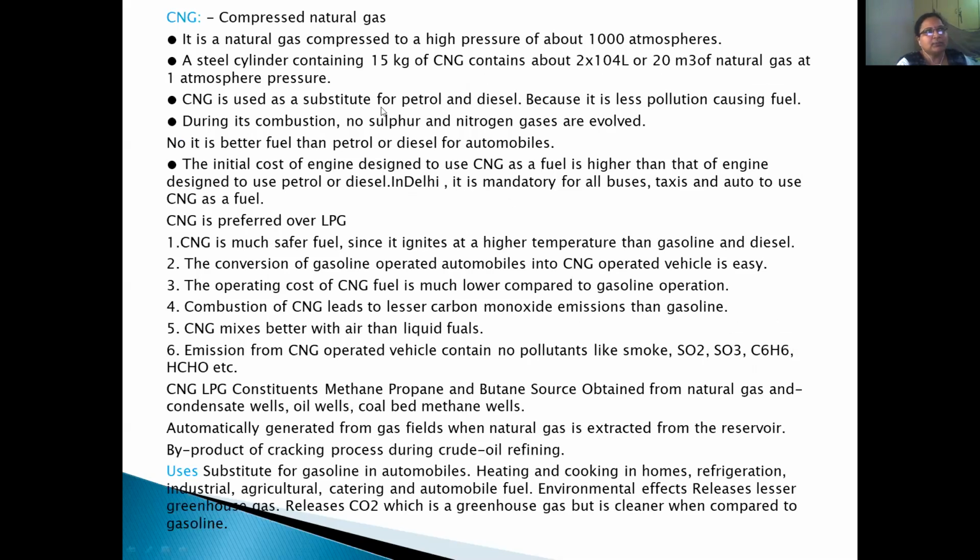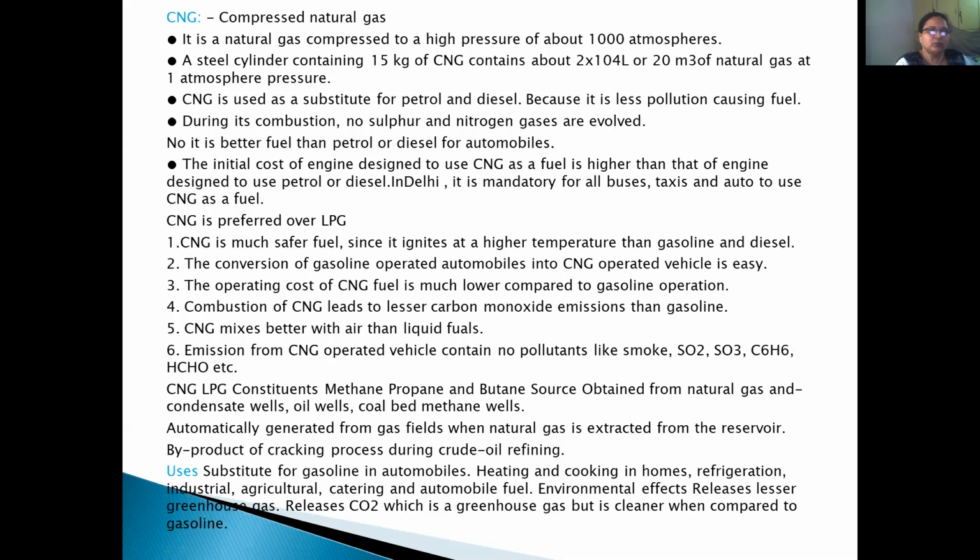Then we have CNG, that is compressed natural gas. This is natural gas compressed to a high pressure of about 1000 atmospheres. A sealed cylinder containing 15 kg of CNG contains about 2 into 10 to the power of 4 liters or 20 meter cube of natural gas at 1 atmospheric pressure. It is used as a substitute for petrol and diesel because it is a less polluting fuel. During its combustion, no sulfur and nitrogen gases are involved, so it is a better fuel than petrol or diesel.